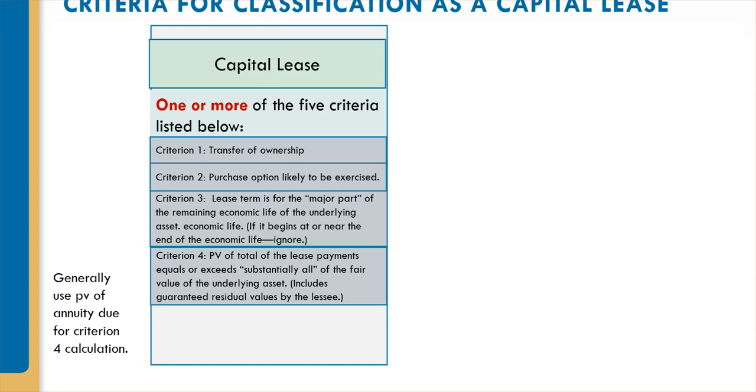Whether you need it or not, you could sell it and make a profit. So under 2, there is the potential transfer of ownership that exists. And it looks like a reasonable person would be likely to do that. Under 3, the lease term is a major part of the remaining economic life of the underlying asset's economic life.